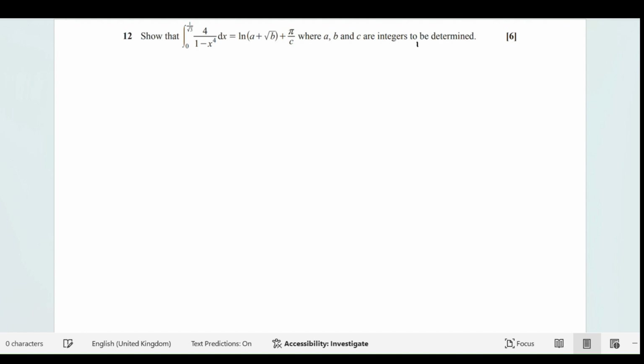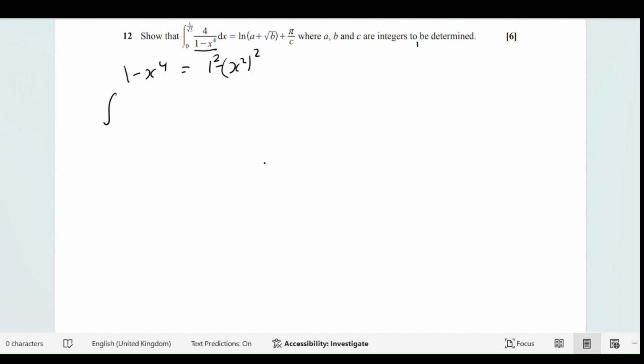So the first thing to notice is that in this 1 minus x to the power of 4, so that's the integral of 4 over 1 minus x to the 4 that we're trying to integrate, there is a trick which we can use to split this up, and that's called difference of two squares. This should be a common technique from A level as well, but it's a bit harder to identify when you have x to the power of 4, and that's because 1 minus x to the power of 4 is also equal to 1 minus x squared, and we know that 1 squared is also equal to 1, so we can actually split this up further.